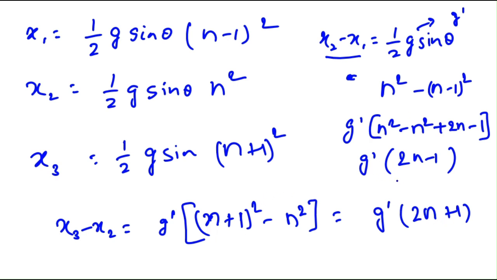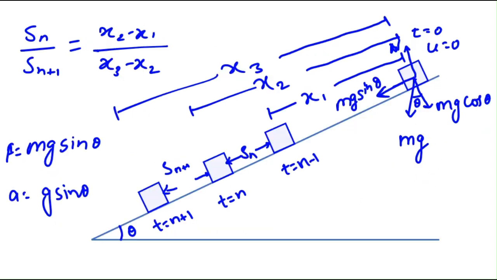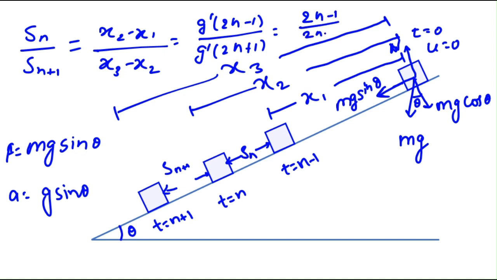So if we take the ratio of these two things, this g prime here and g prime here are going to be cancelled out, and then we will have 2n minus 1 divided by 2n plus 1. So coming back to the previous slide, this x2 minus x1 is g prime 2n minus 1 divided by g prime 2n plus 1. So the final ratio is 2n minus 1 divided by 2n plus 1.